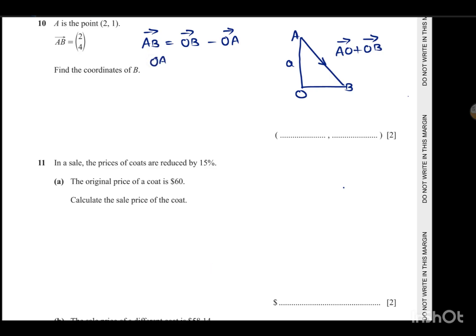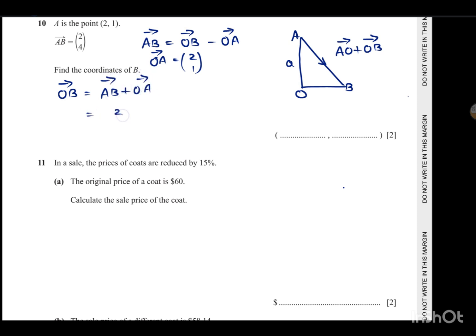So now you know what OA is. The vector OA is 2, 1, because the coordinates of point A is 2, 1. You need to find the coordinates of B. So OB will be, using this equation, AB plus OA.